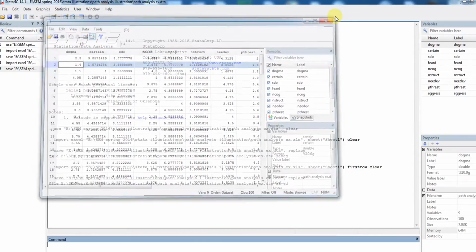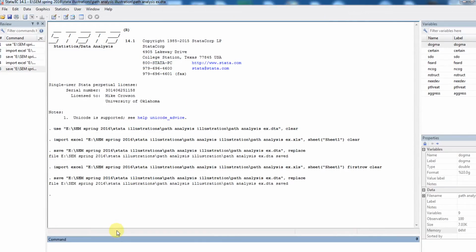So I first want to assess the variables that I'm going to include in my model for multivariate normality or lack thereof, and then I will illustrate how I can utilize the Stata graphical user interface to create a path model and test it and request the Satorra-Bentler chi-square test and the adjusted standard errors.